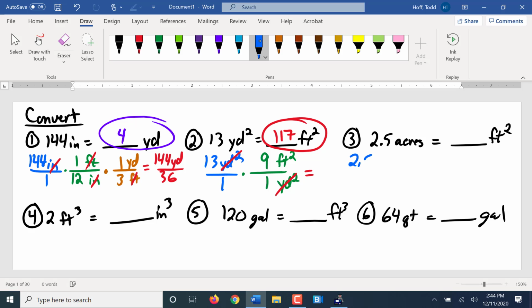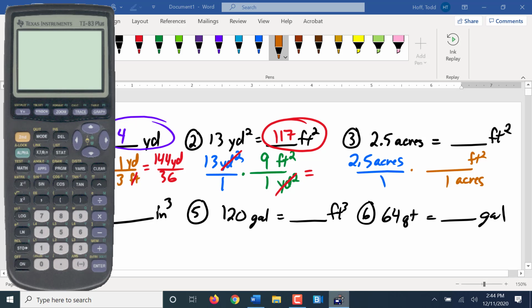2.5 acres. Anybody remember the conversion between acres and square feet? This might not help, but surveying a chain is 66 feet. An acre is based off of a square chain.